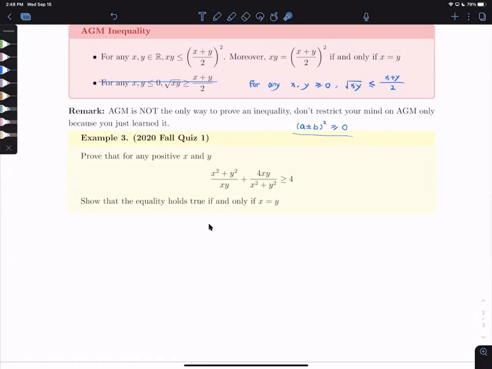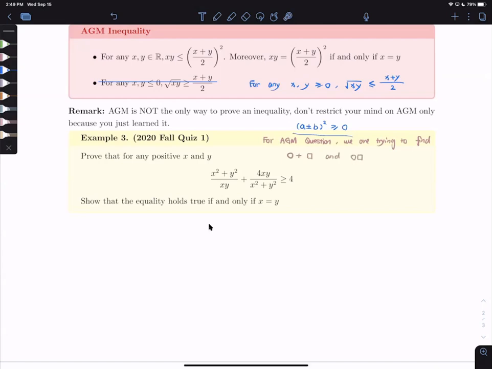Before we do this, I want to give you a tip for AGM questions. We are trying to find the sum of two terms, so let's say this plus this, and the product of those two terms.